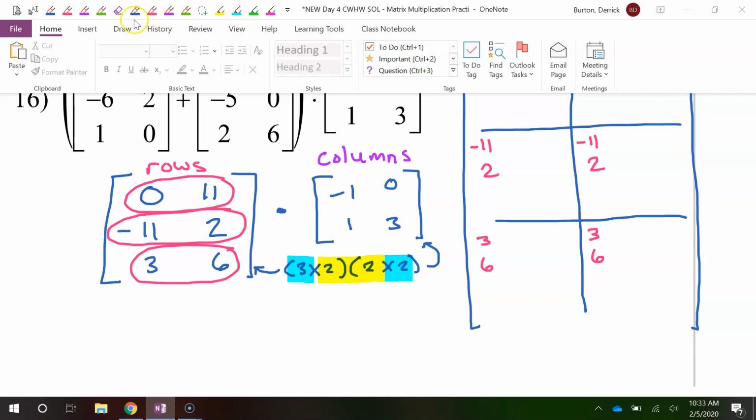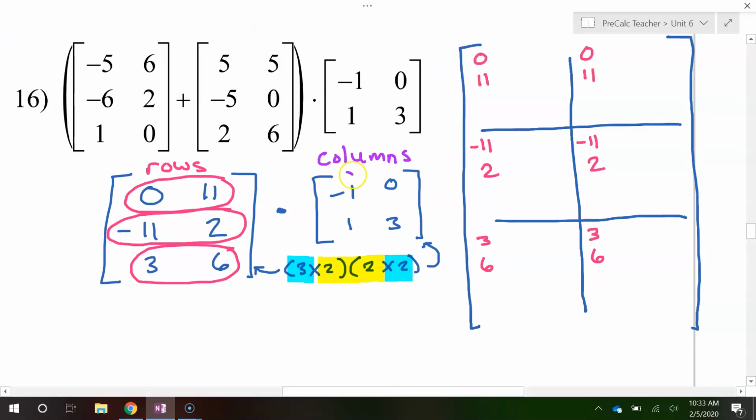Now we will do the columns. Column 1 will go down column 1. So we will have -1, 1. And column 2 will go down column 2.